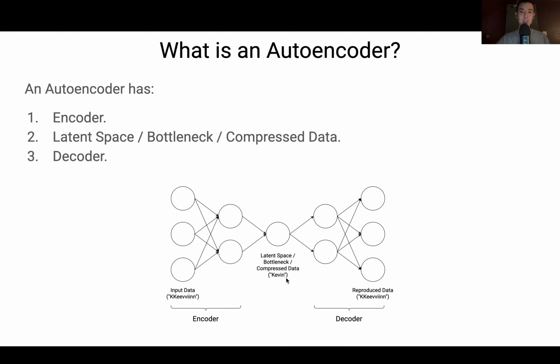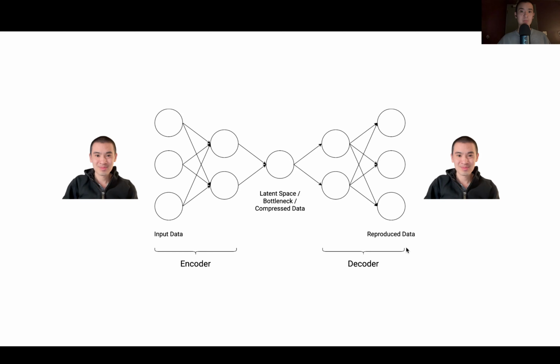And then if we want to reproduce the data, the decoder will hopefully do a good job and reconstruct Kevin with 2 letters each. But rather than work with text, let's say our input data is an image of me. It gets compressed, and if we have a good autoencoder, when it reproduces the data from the compression, hopefully the images are the same or close to being the same.